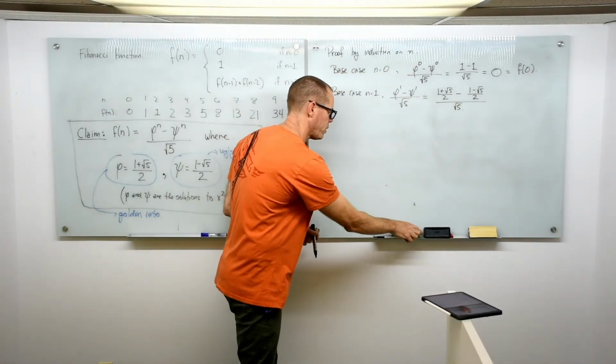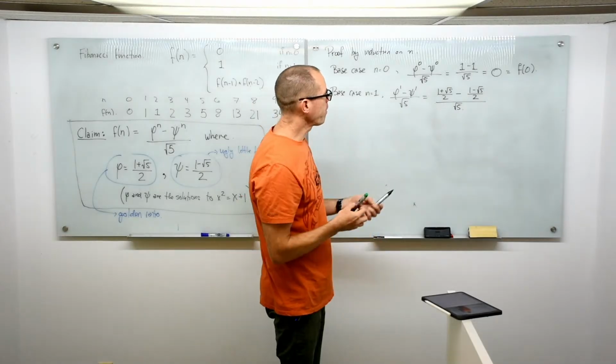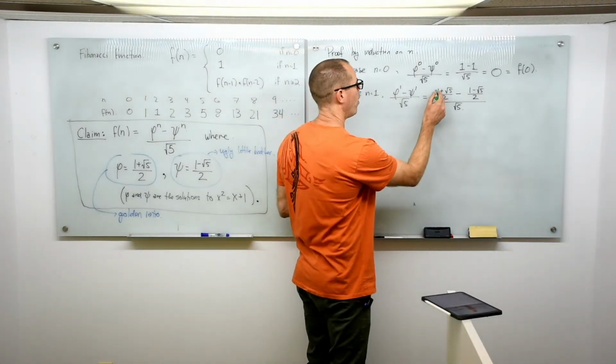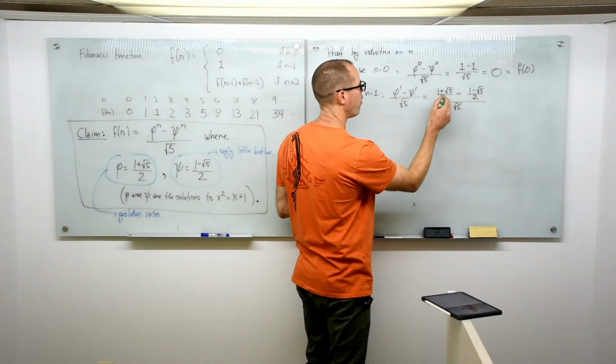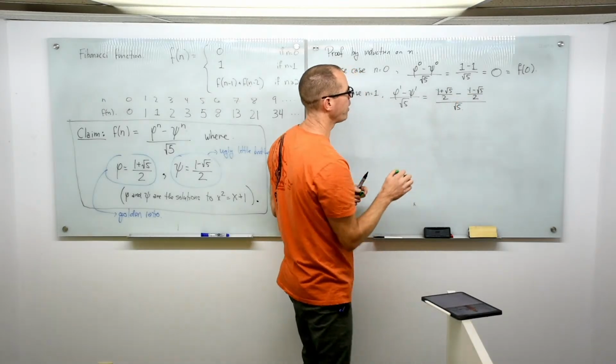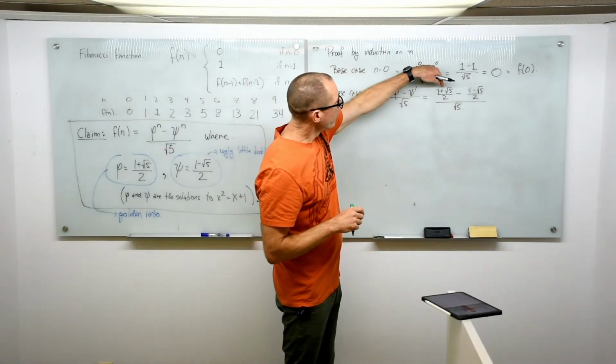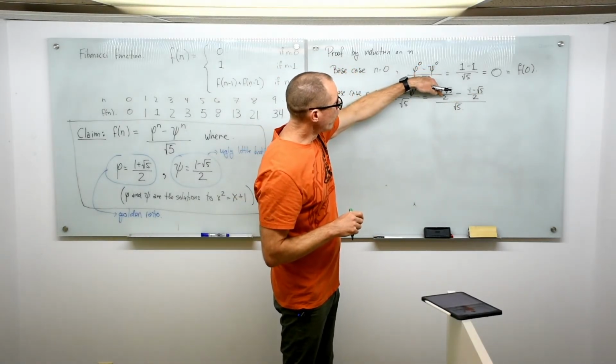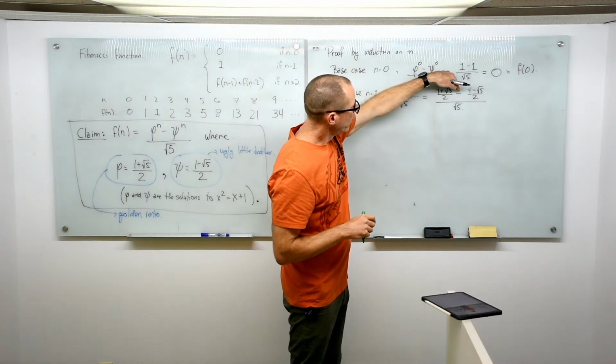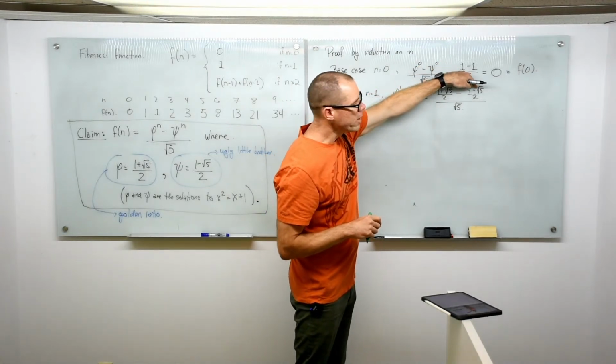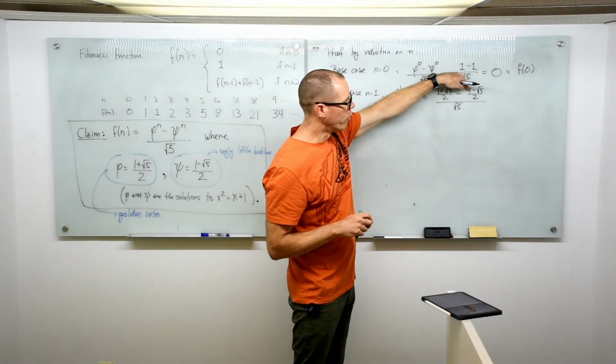So let's see what cancels here. We have 1/2 minus 1/2. So those things go away. And we have root 5 over 2. There's two negatives here, plus another root 5 over 2.